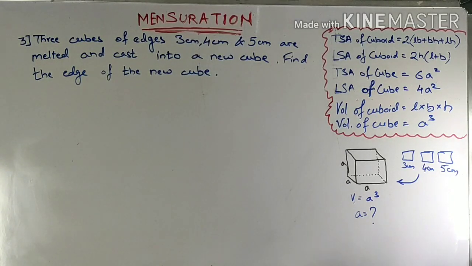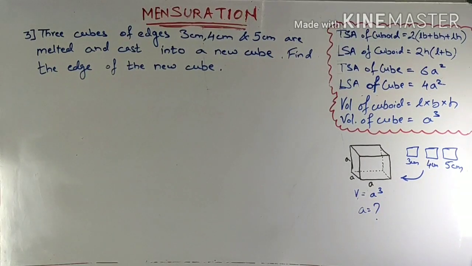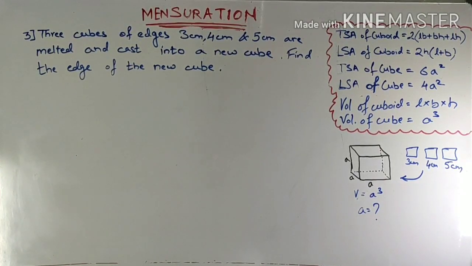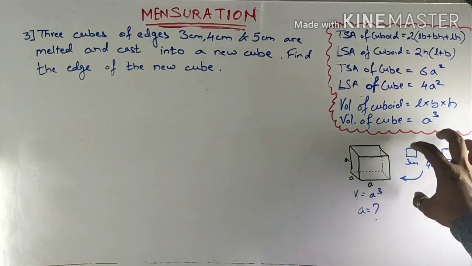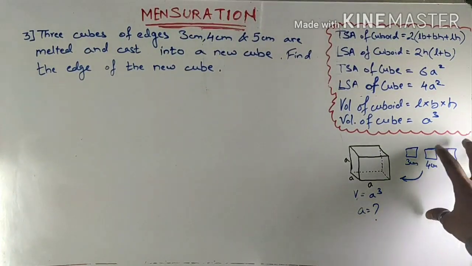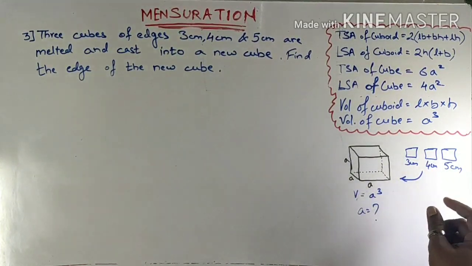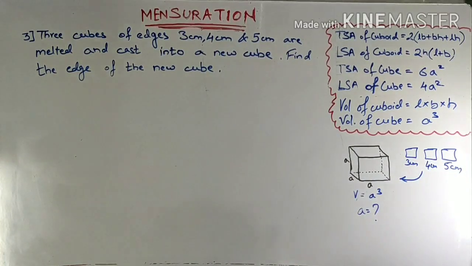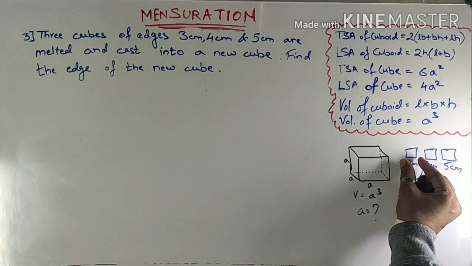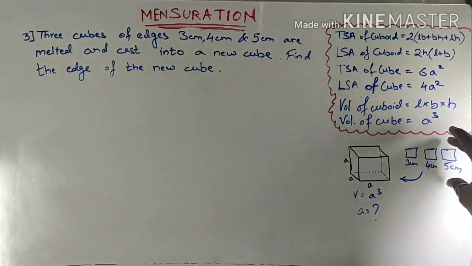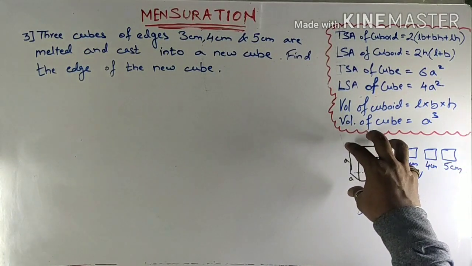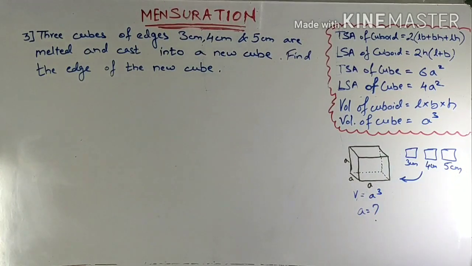There may be a coincidence that the surface area may remain the same, but volume will be the same when I melt these 3 small cubes and merge them into one. So the total space occupied by this plus this plus this will amount to the total space occupied by the larger cube. So the quantity that remains the same is volume.